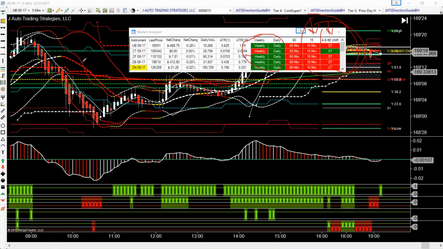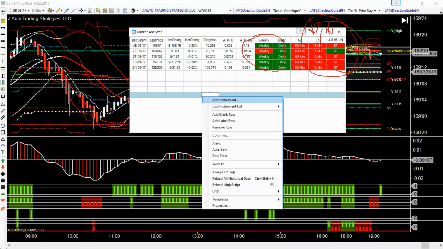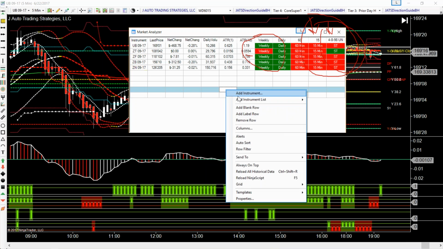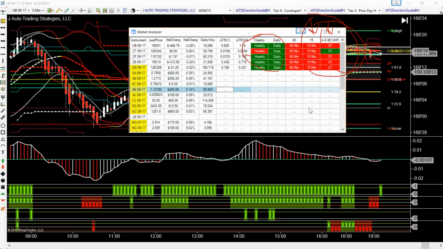And if you can't find a market that's correlating, then all you do is add some more instruments to your market analyzer, or just your entire instrument list like I do, and then you can find a market that is moving together if you're trading outside of an event.